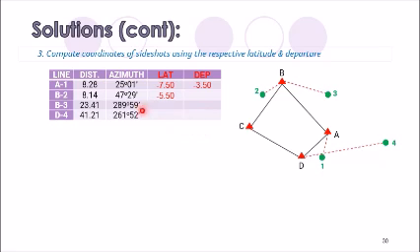Next we have negative 5.50 and negative 6. Still it is negative. This is at point B2. So it's on the southwest direction. So that's why both latitude and departure are negative. Okay, for B3, you have 289. So that is on the southeast.